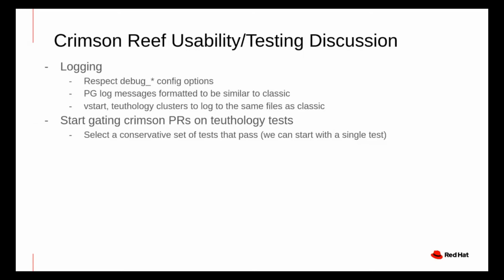So the question is, if some customer wants an early try on Crimson to compare what they can get, as of the latest stability and the latest code base, what is your suggestion?